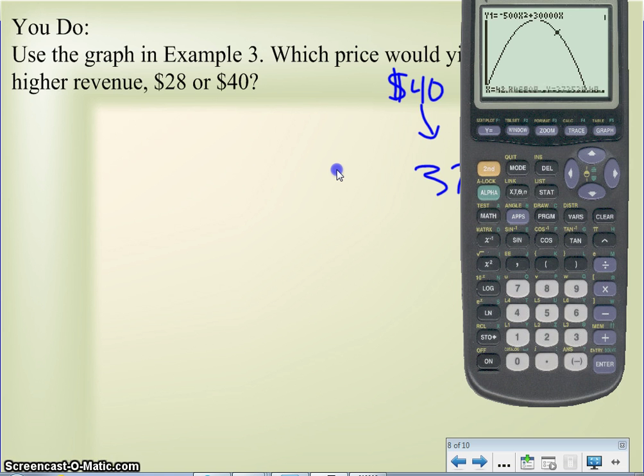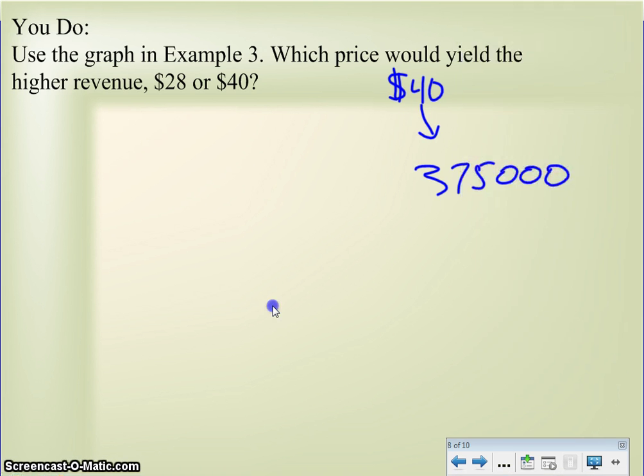Now if we keep tracing and come back over to the other side, and I am just hitting our arrow, this arrow here to the left, we're getting to a value of 28. And you can see here, I'm looking anywhere between 447,000 and 448,000.